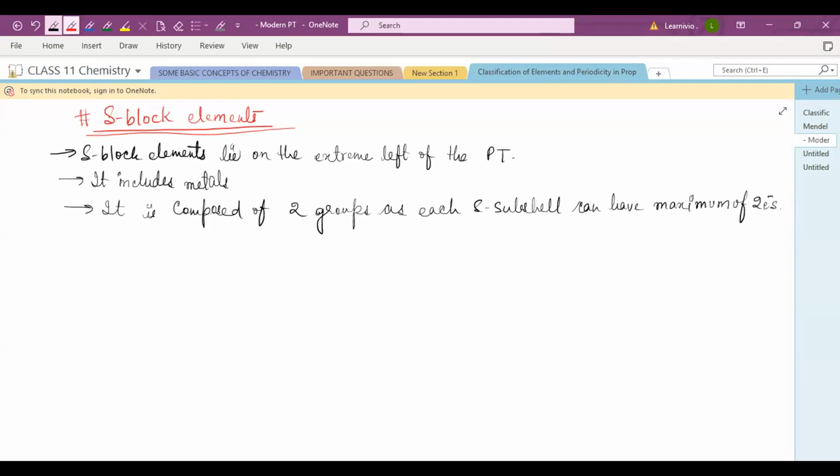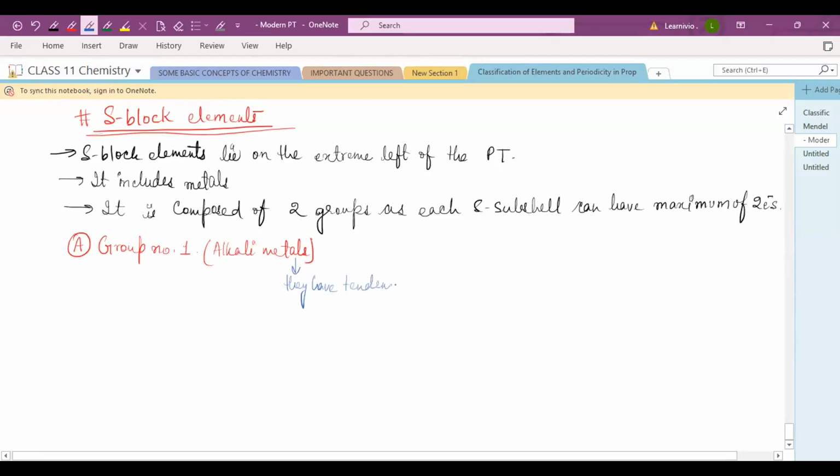So there are two groups. One is group number one, and these are called alkali metals. They are metals, so they have the tendency to lose electrons.